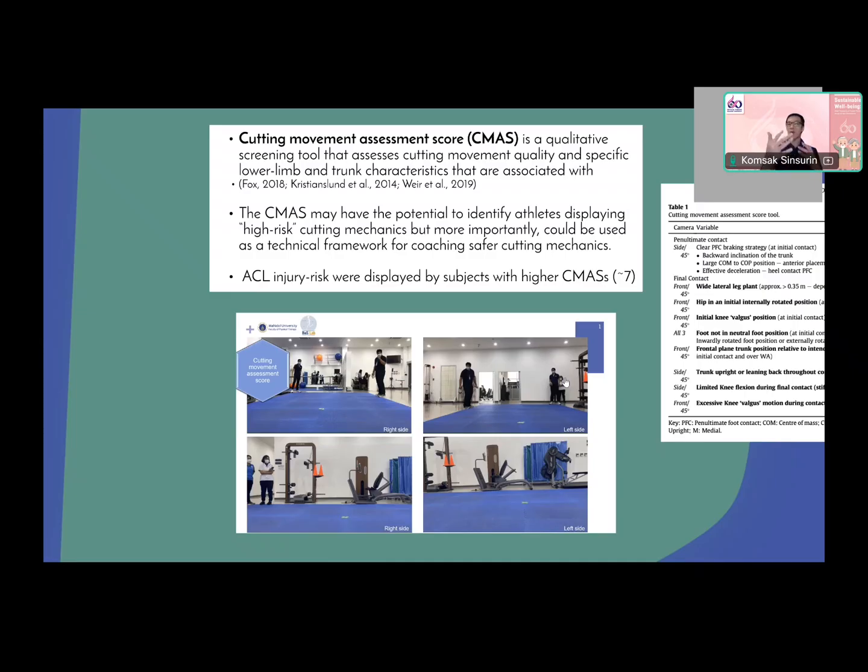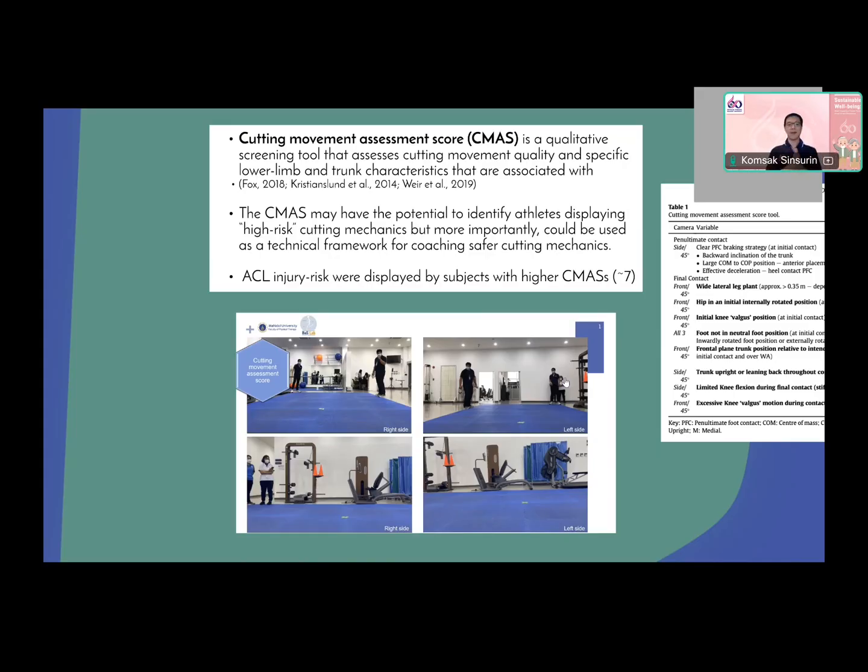Again, we can use our measurement tool as the assessment tool. After we use this assessment tool to identify the movement errors or the risk of non-contact ACL injury, we can provide an intervention, rehabilitation, or preventive program. And after finishing the preventive program, we can reassess again.